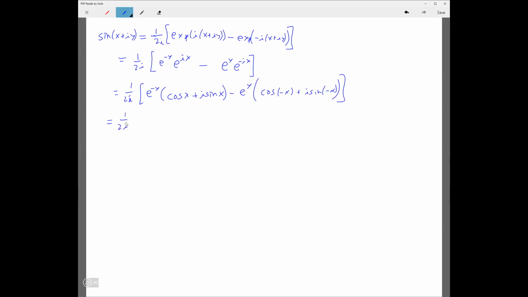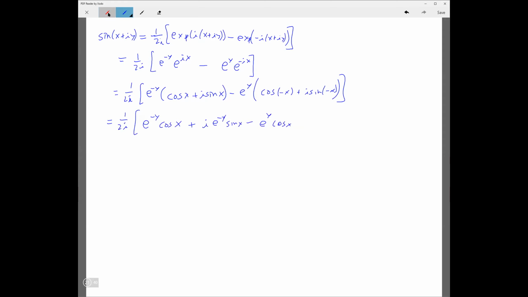So 1 over 2i, and then we have e to the negative y cosine x plus i e to the negative y sine x minus e to the y cosine x. Because cosine of negative x is equal to cosine of x, right?